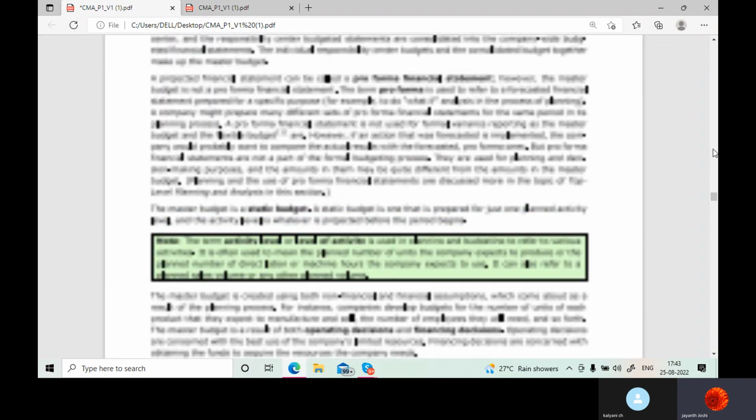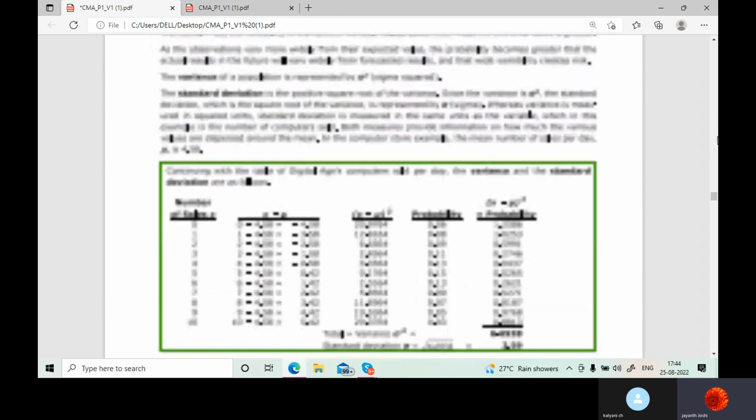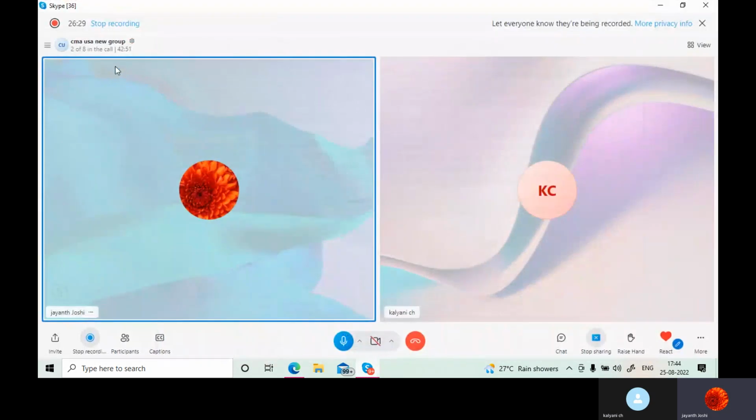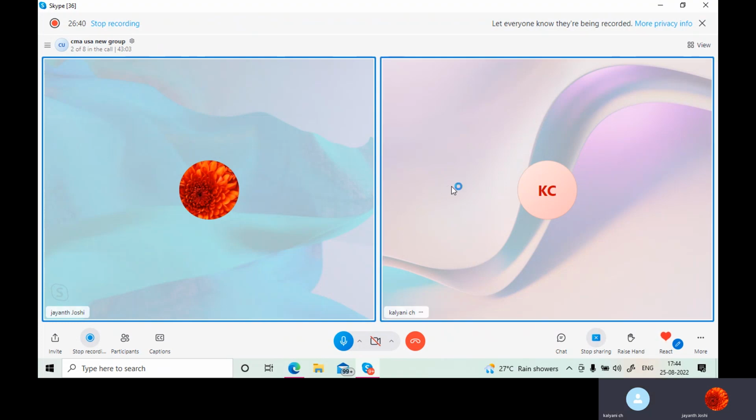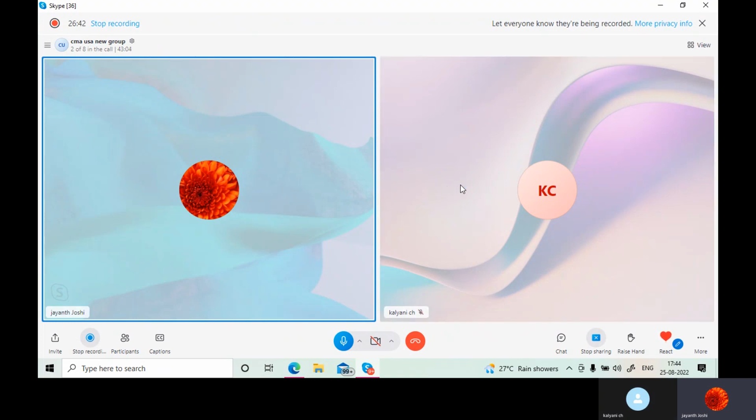It will take 2 more classes to finish this budgeting. Then I'll start working capital in part 2. What I'm shocked at is that I've taken 42 minutes of class and only 26 minutes of recording has been done. That is the only problem I see. Okay, madam, tomorrow we'll finish probability and start budgeting. Probably tomorrow I'll try to take a lengthy session. Okay, madam. Thank you.